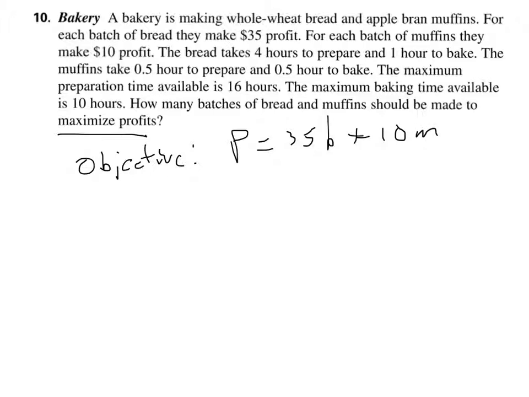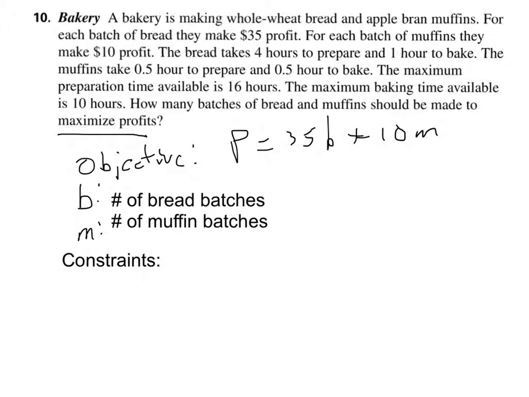So this objective function is what I'm trying to maximize or minimize, and I've also just had to come up with a B variable and an M variable. The B variable is the number of batches of bread, and the M variable is the number of batches of muffins.